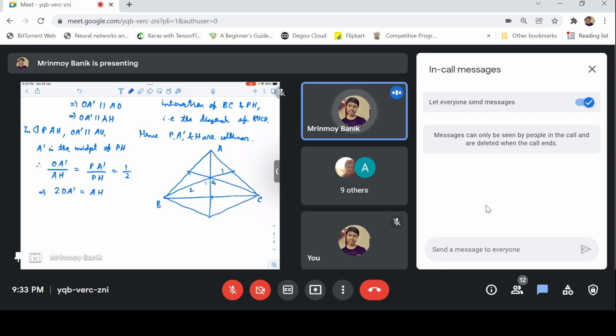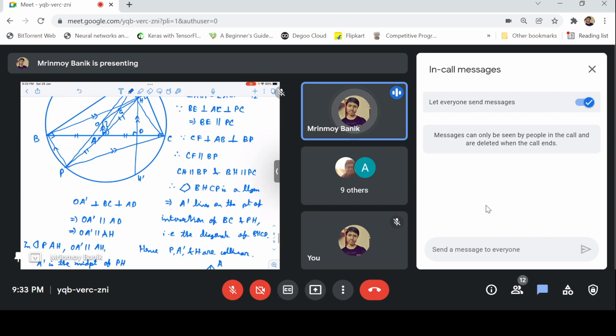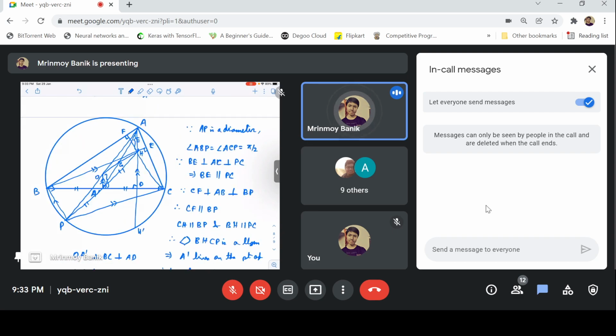If I draw it, if I just extend it, we will be able to prove this thing, and then just say this is 2:1. So here we will try to use the same fact by showing which one is 2. This is 2, this is 1.